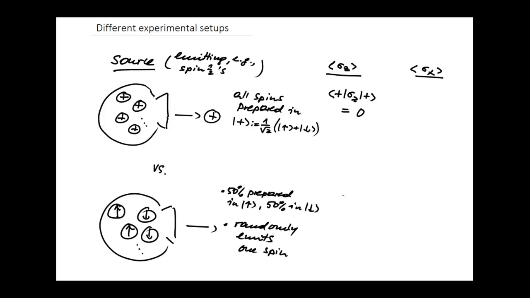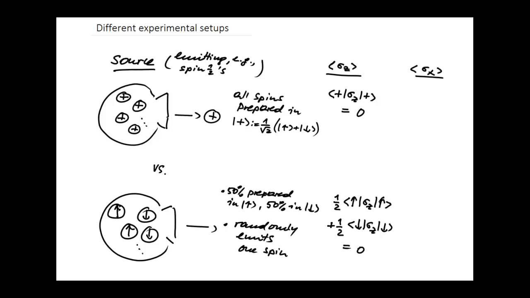This expectation value would be equal to -1. Now, the overall expectation value is I have to take the weighted average of these two possibilities. So I have to multiply the first expectation value with probability 1/2, because with probability 1/2 I have a spin up, and I have to multiply the second possibility also with 1/2. And then I take the weighted average. And this is again 0.